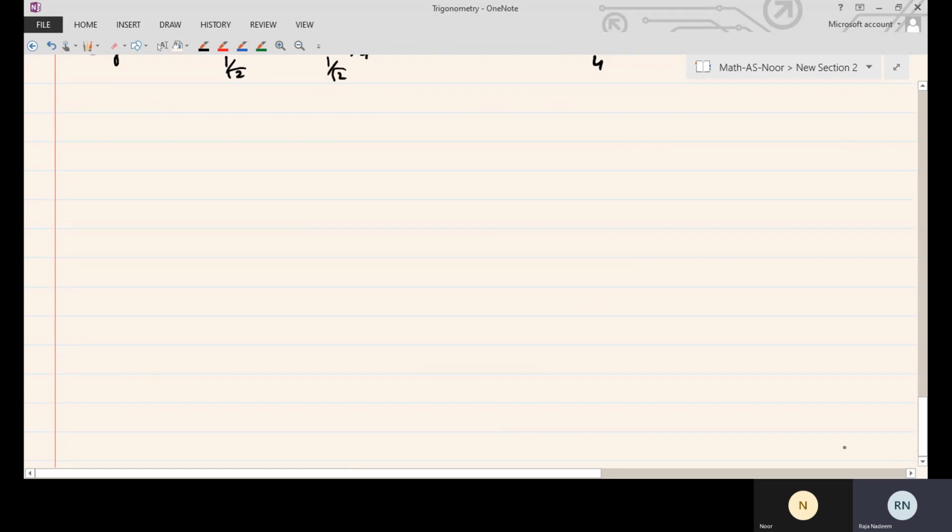The next concept of trigonometry is about the angle. We name the angles as general angle, and the other thing which we'll learn, the basic angle.